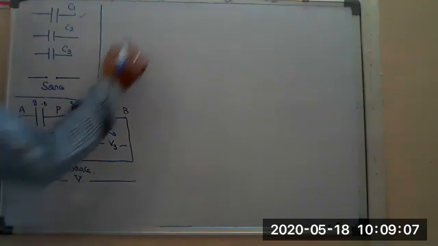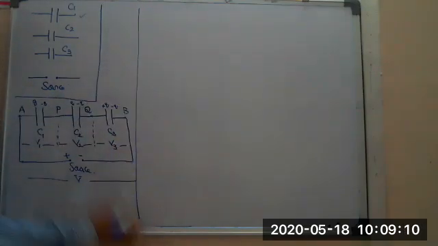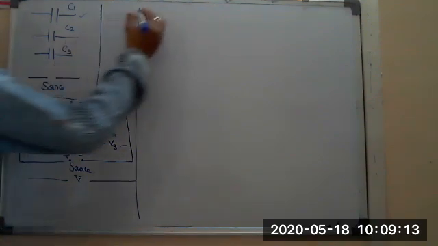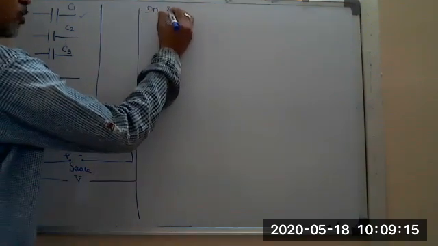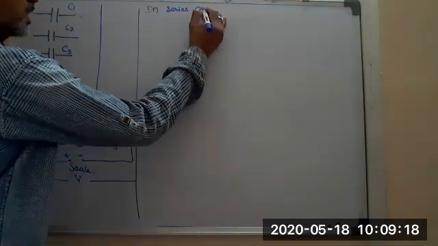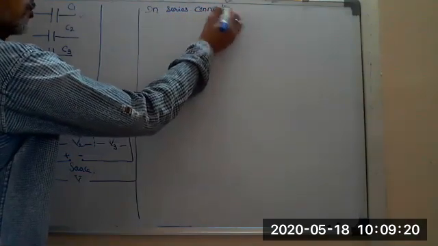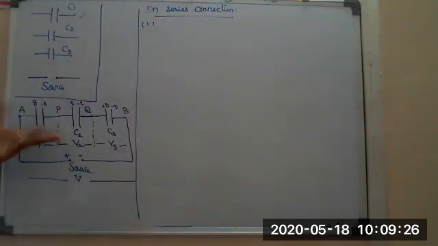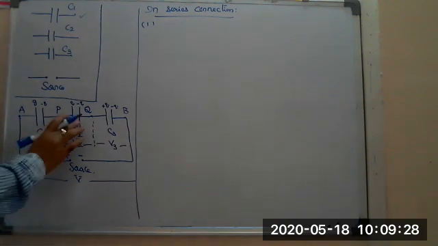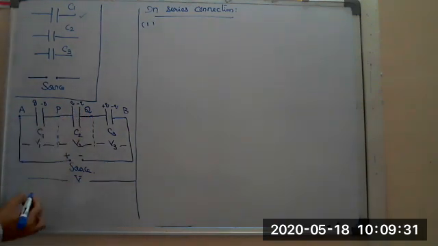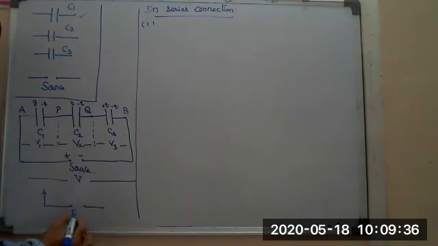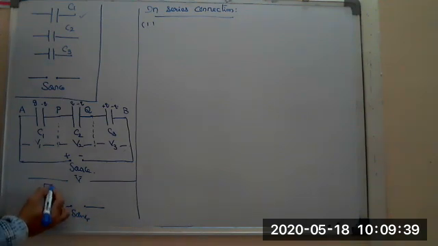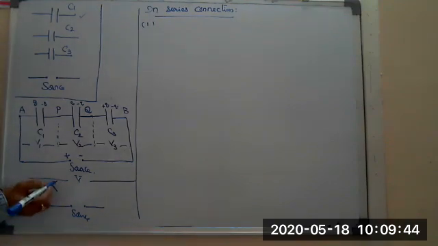In this connection, first what we have to remember: in series grouping, in series connection, there is no way of splitting the charge. Whatever charge comes from the source is not finding different ways to split.